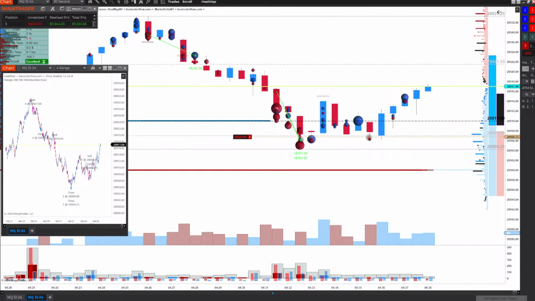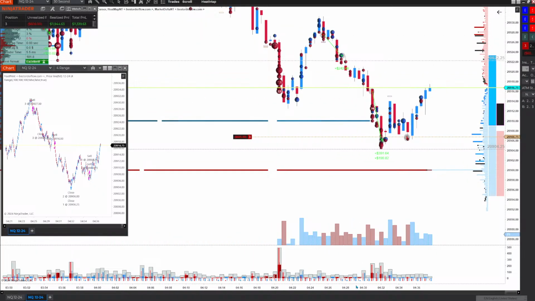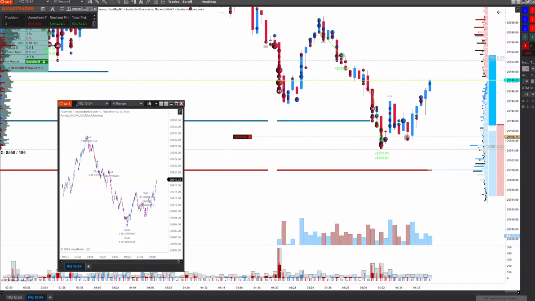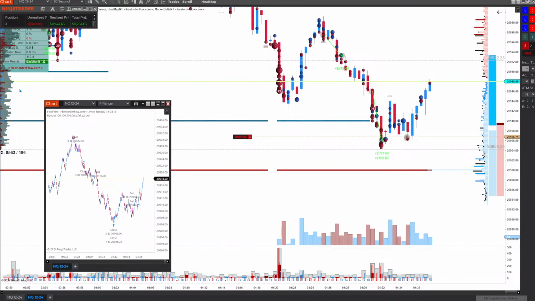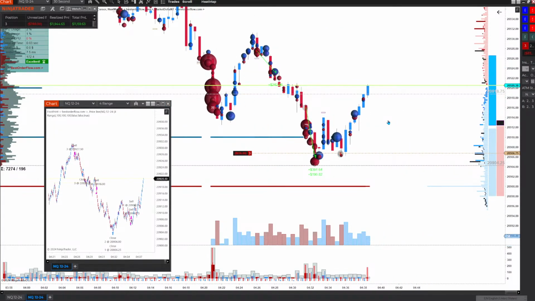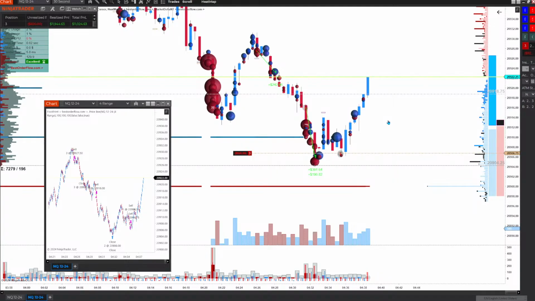Yeah, the price has juice, but it's going to stall somewhere in this range. Wow!